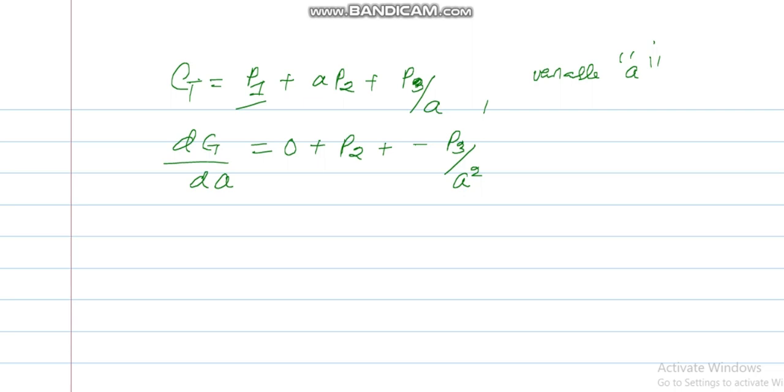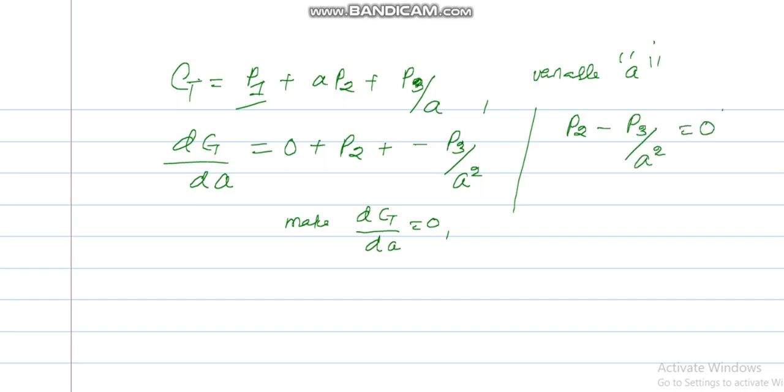Okay? Kwa hiyo make dC total over dA equals to 0. Kwa tutapata P2 minus P3 over A squared equal to 0.